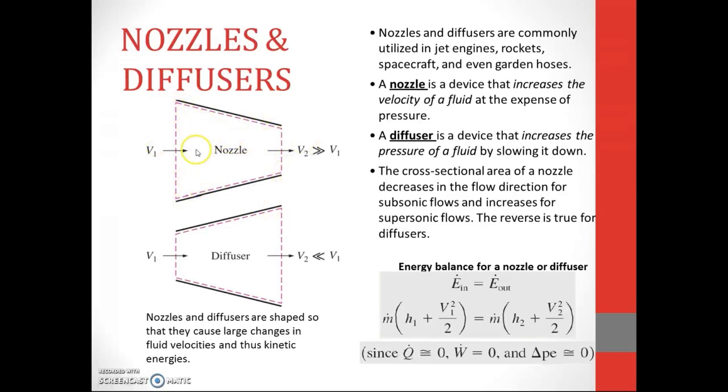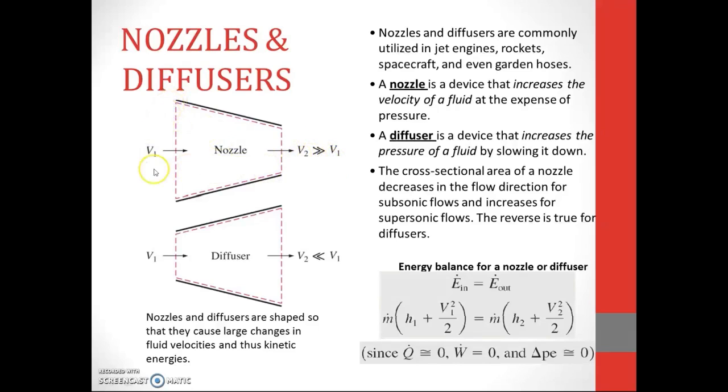So look at this. This is level 1, this is level 2. It means this is the inlet, this is the outlet. So look at the cross-section area here. The nozzle comes from a bigger cross-section area at state number 1 and a lower cross-section area at state number 2. So the velocity at number 2 is bigger than V1.